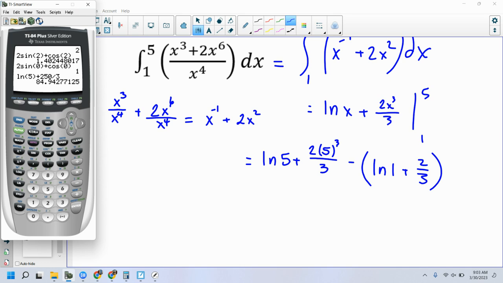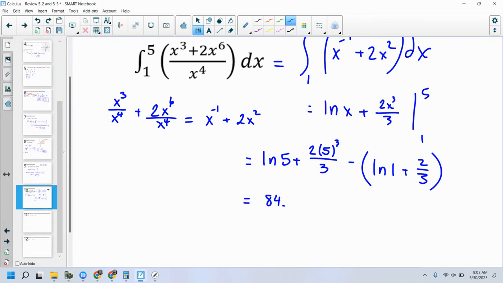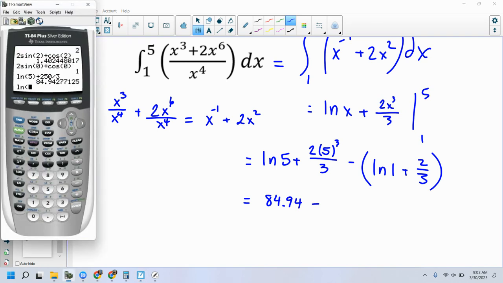That's 84.94. Minus ln 1, which is 0, because ln 1 is 0.